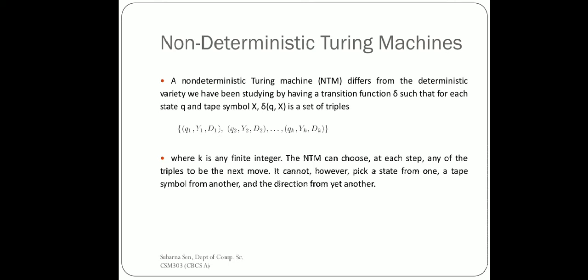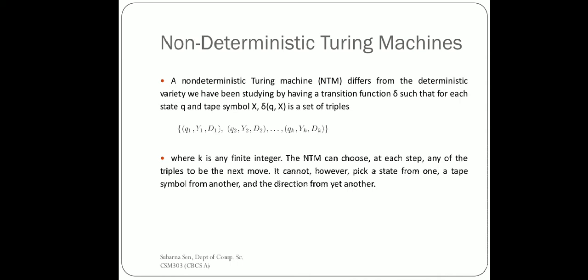But in the case of a non-deterministic Turing machine, the situation is like this: in any non-deterministic machine, whether it may be a finite automaton or a PDA, we cannot guess correctly that for this input or this state it is going to transit to this particular state only. So the same situation arises here. For a particular state and input, it may move to any number of states, depicted by q1, q2, qk.